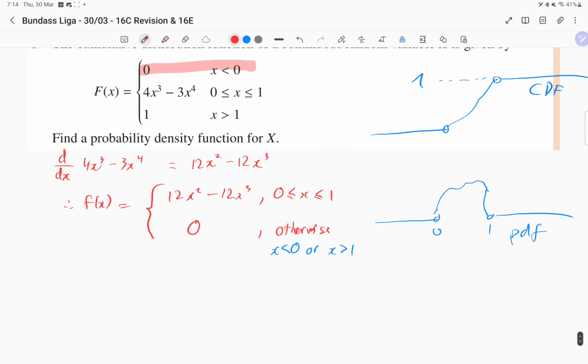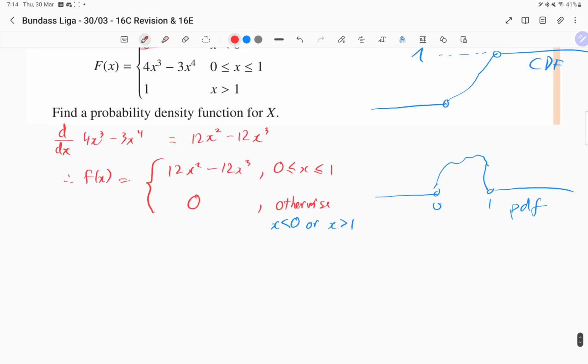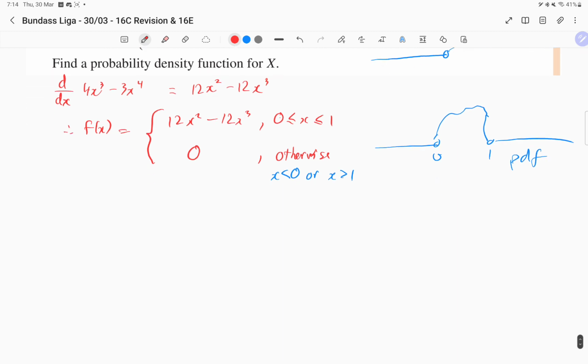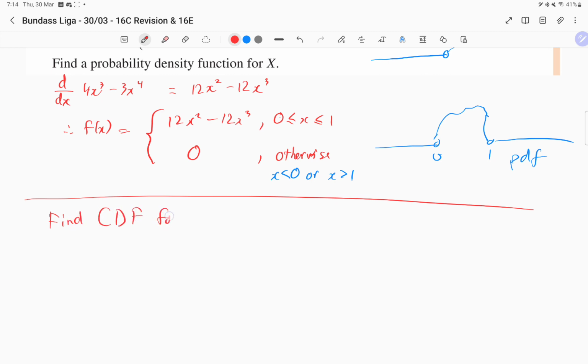Now I think I'll give you some extra practice on finding the CDF, because I don't think there's enough practice in the textbook. So let's try this. Find the CDF for the following function.